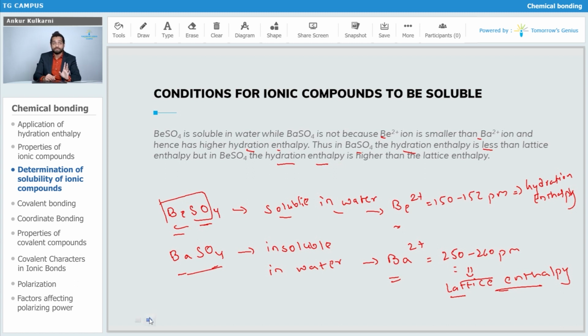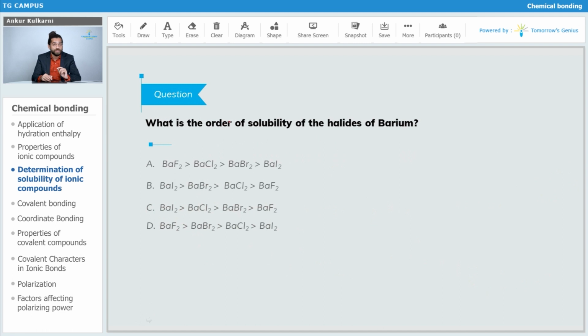Now similarly, you have a question over here. What is the order of solubility of halides of barium? Again you have to compare barium fluoride, barium chloride, barium bromide and barium iodide. Barium is common in all of them. The only difference is the size of the electronegative atom.